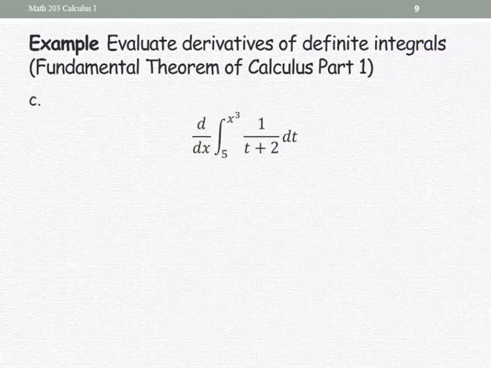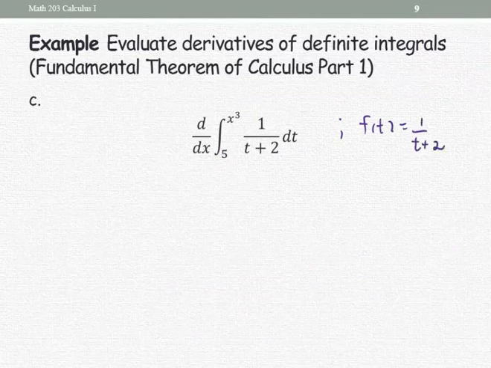The next part, we find the derivative of the definite integral from 5 to x to the third of the integrand 1 over t plus 2. Let's make a note on the side here. The f of t is 1 over t plus 2.